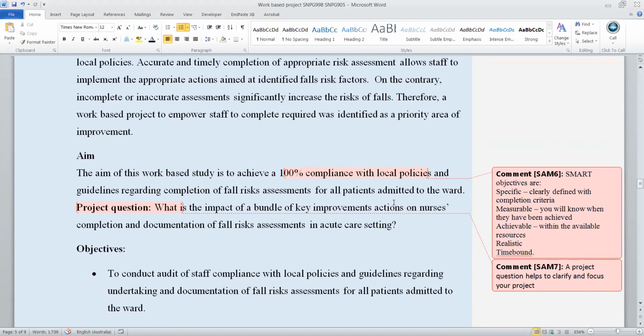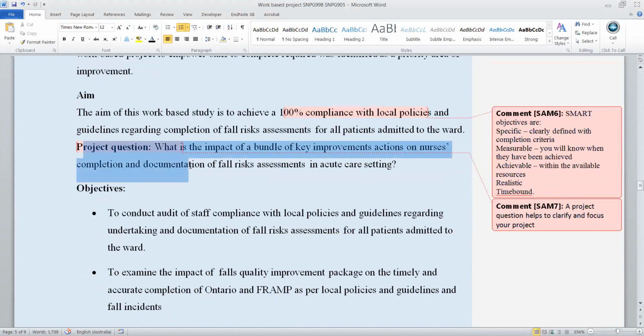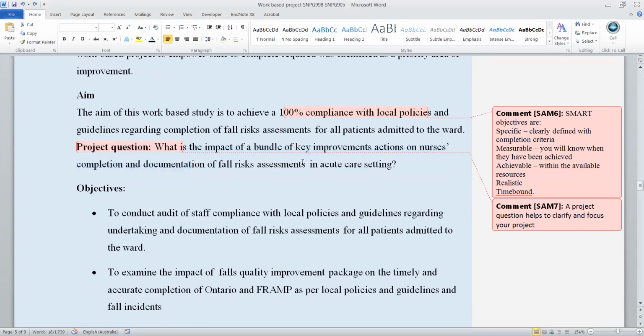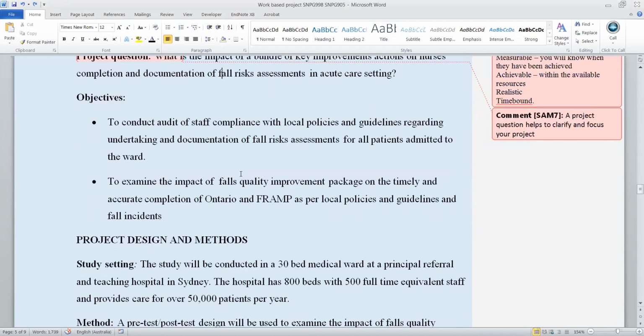You might also decide to put a project question. In this particular case, the project question was: What is the impact of a bundle of key improvement actions on the completion and documentation of falls risk assessment in an acute care setting? You can list one or two objectives. The first objective in this case was to conduct an audit of staff compliance with local policies and guidelines regarding documentation of falls risk assessment.